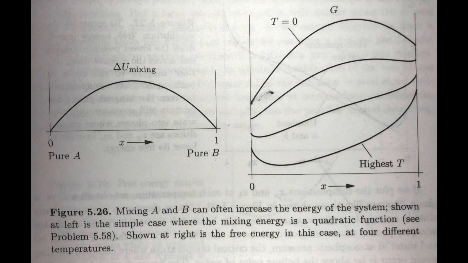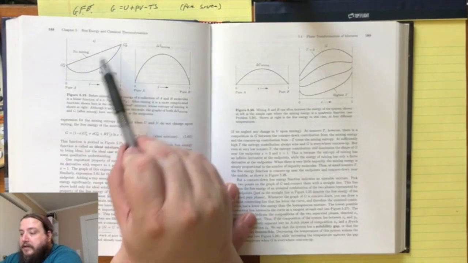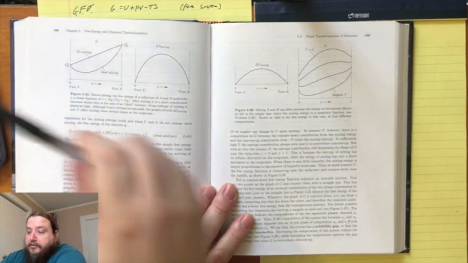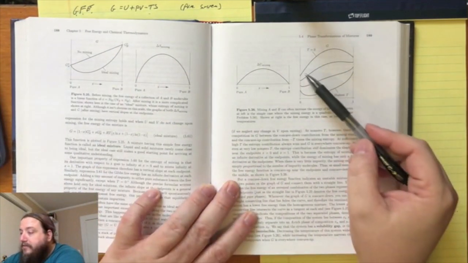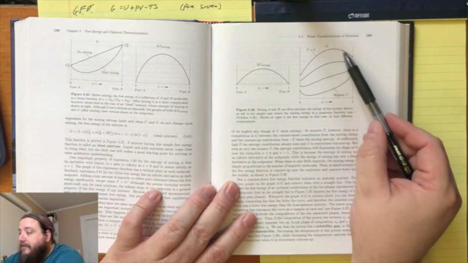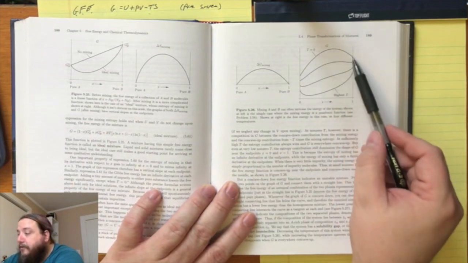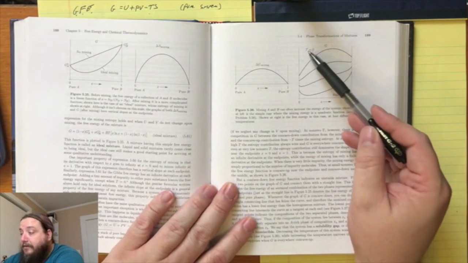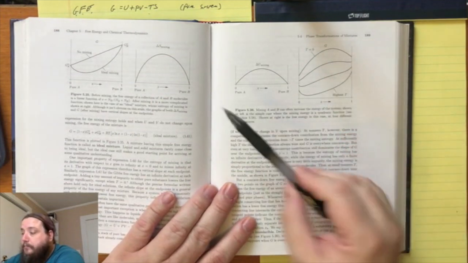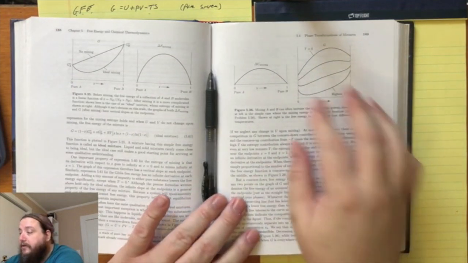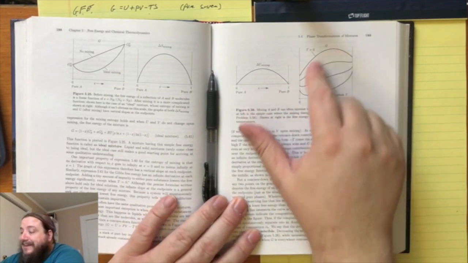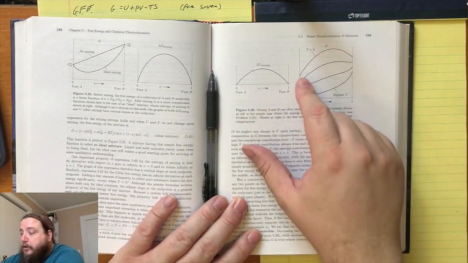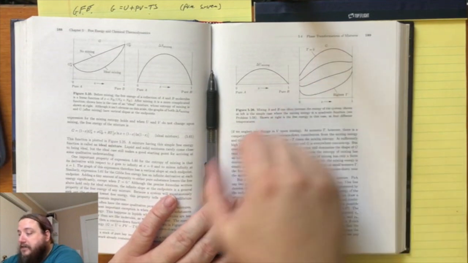So if we look here at figure 526, you can see that again there was this linear shift from A to B for the pure substances without mixing, but when we mix them together, that increased the energy internally, so that at absolute 0, where the entropy isn't showing up at all, the Gibbs free energy increases as we go into the mixed regime.